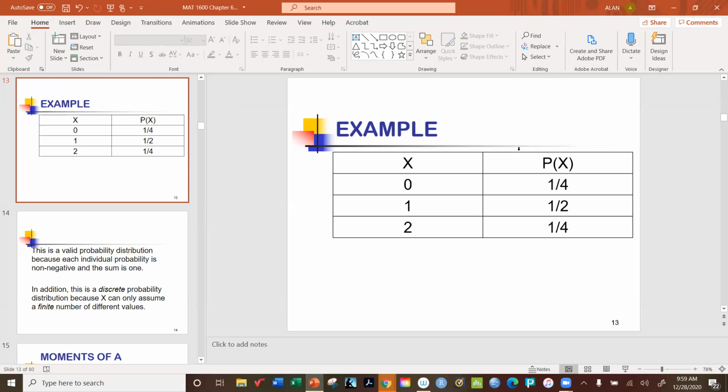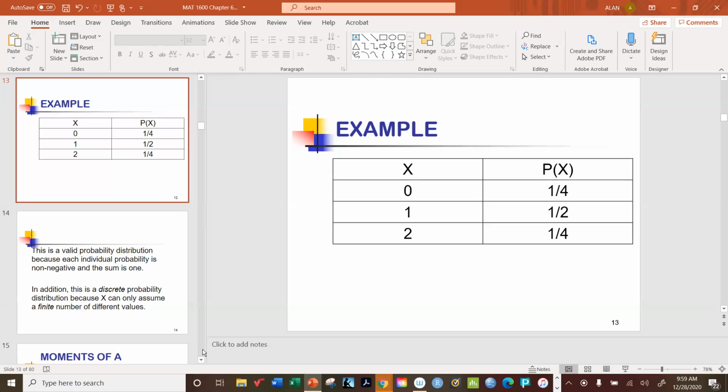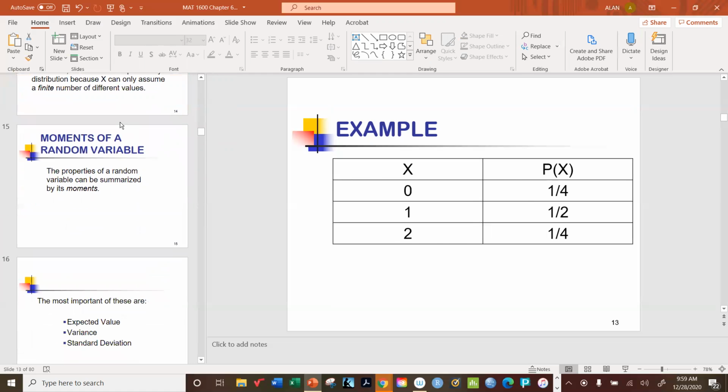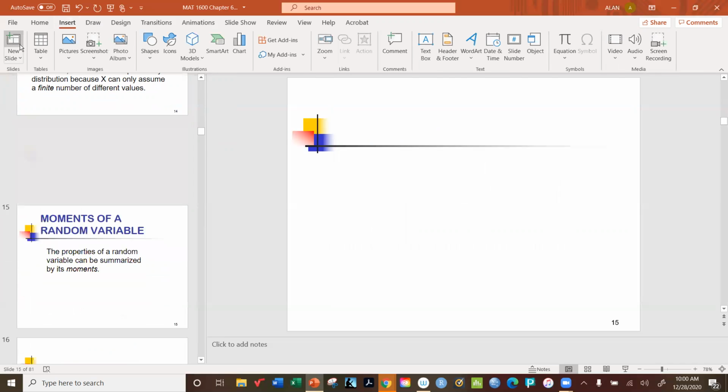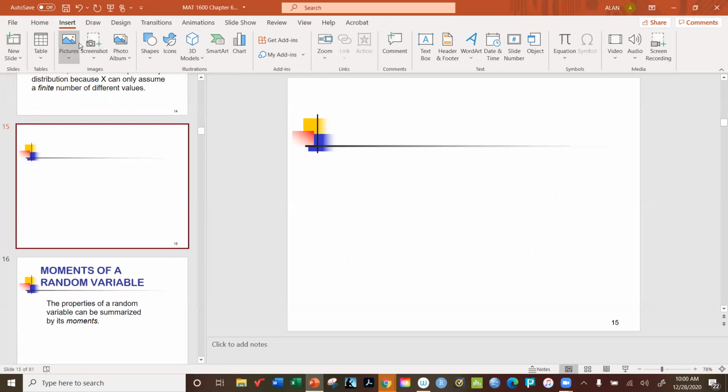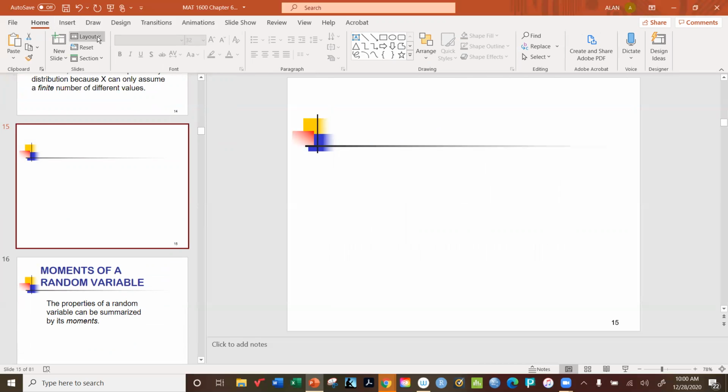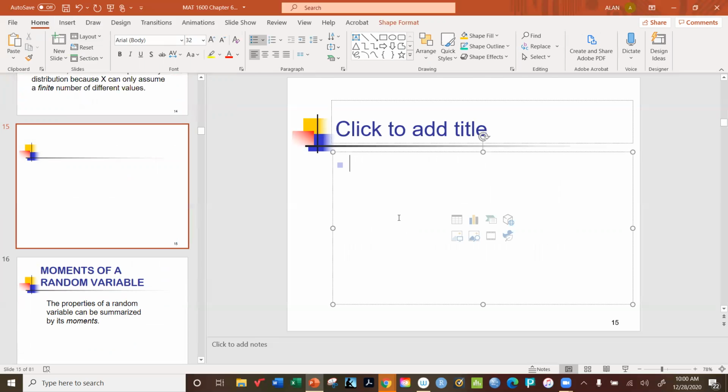Now, you'll recall that in our previous chapters, probably last week, we introduced what were called summary measures.